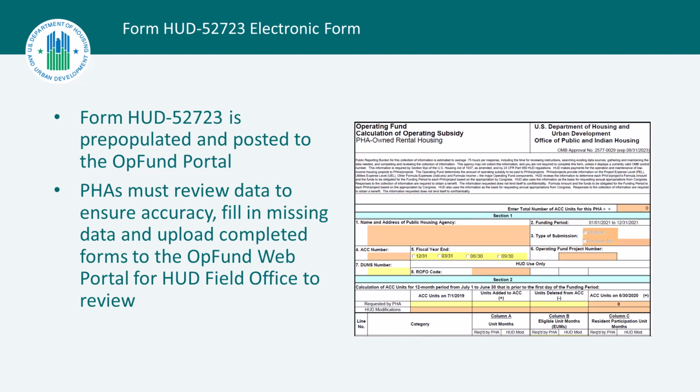Most fields with pre-populated data will be locked for editing by the PHA, and as mentioned earlier, PHAs should contact their field office and note requested changes in the comments section of the tool if they notice any errors in the locked fields.